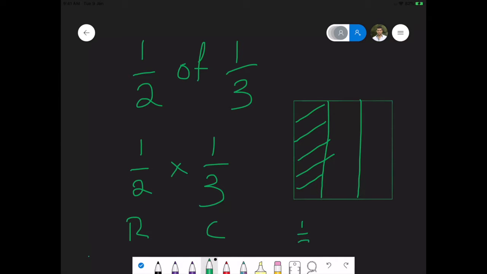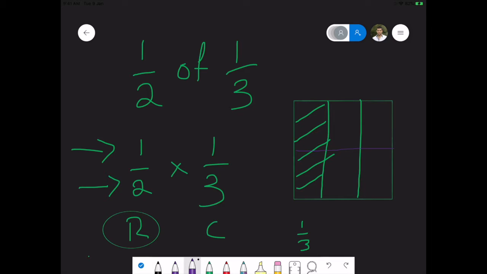There it is. This represents 1/3. Now, out of this 1/3, I only need half of it. So I'll go back to my rows and I see I have 2 rows, and from those 2 rows I only need one of them. Therefore, I'm going to use a different color now. I will draw 2 rows.